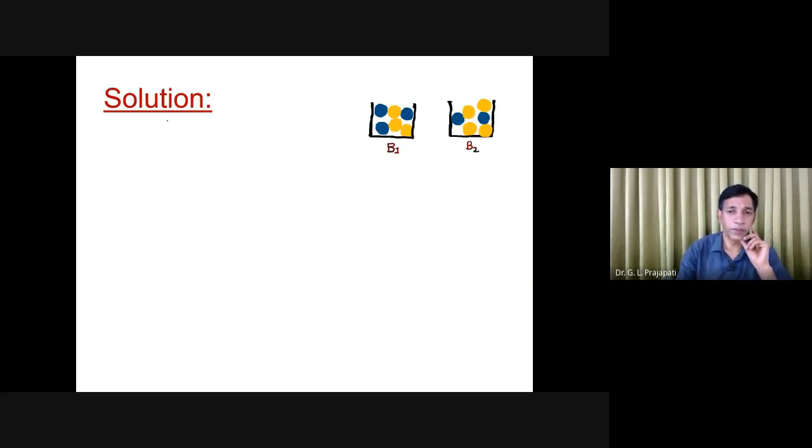What do you need for solving this? A is the event for selecting a blue ball, and we are interested in determining the probability for B1 given A. This is the question we have to answer.